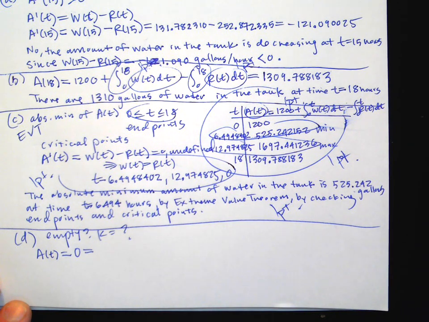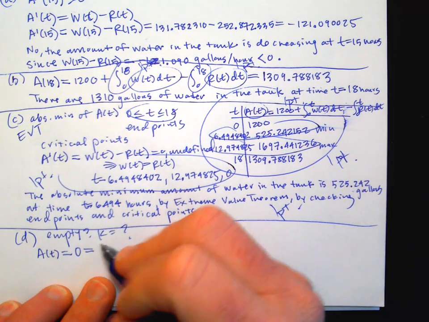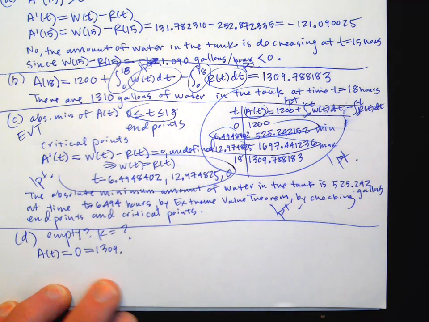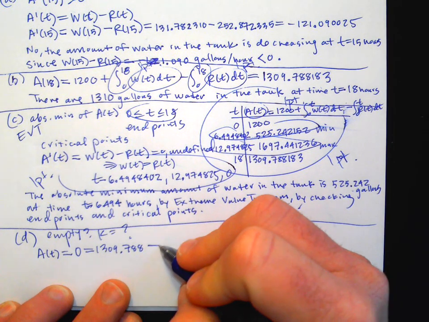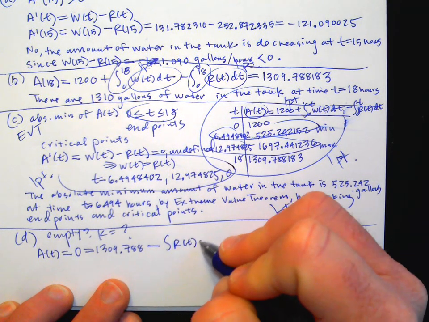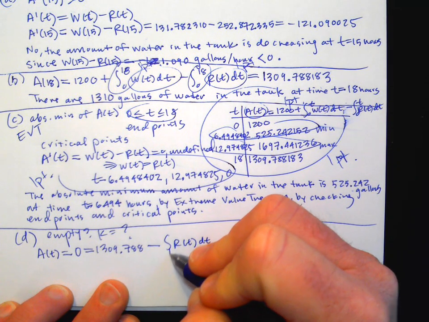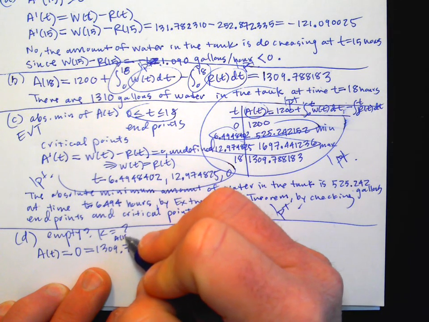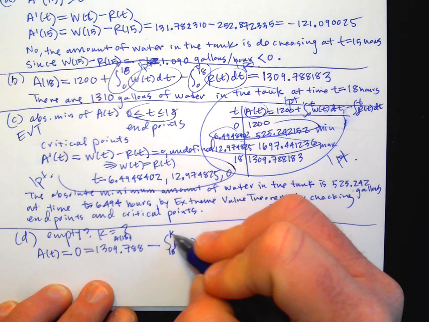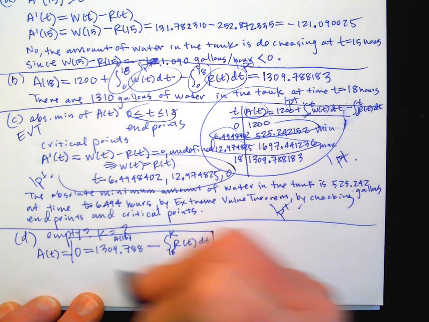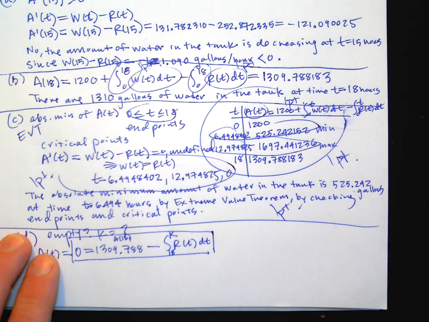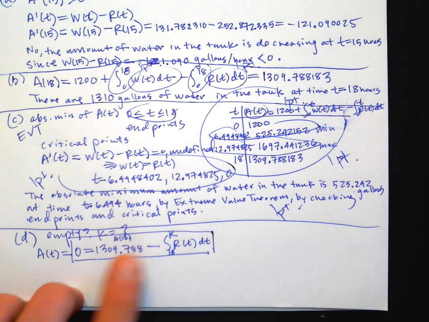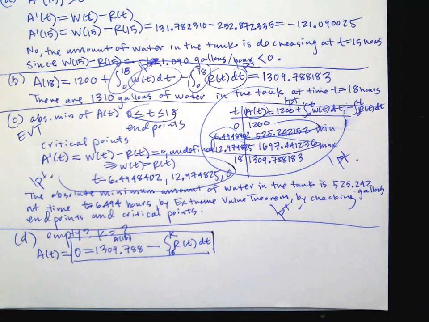We could say, let's take the amount at 18, 1309.788, and then keep subtracting the removal rate, R(t) dt, but starting at time 18, because this is the amount at 18, to the K value. So here's your equation, left side, right side. A(t) doesn't count as the left side. It's got to be numbers and expressions. That's your equation involving integrals that can be used to solve for K. That's one way.